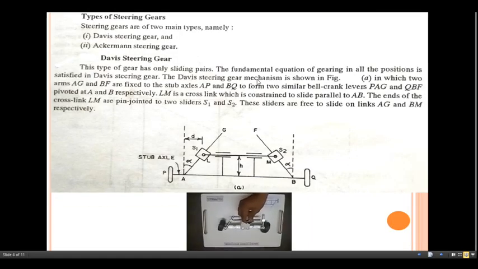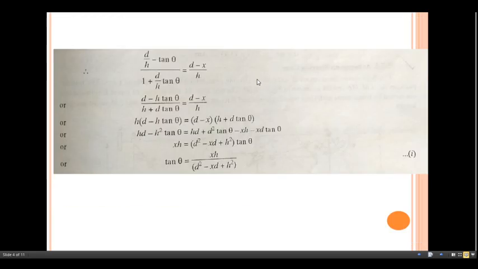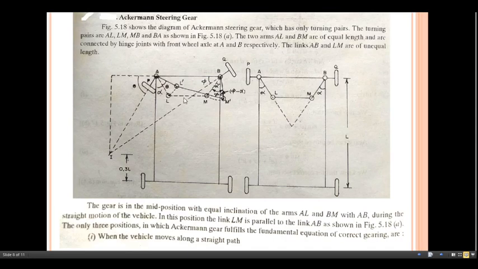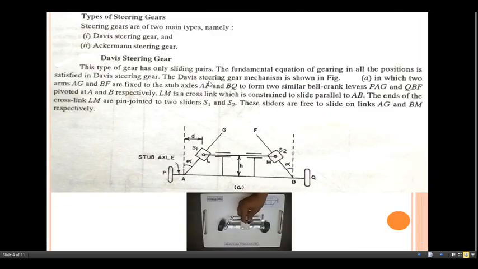Now if you compare with the Davis steering gear mechanism, in the Davis steering gear mechanism there are sliding pairs. In this mechanism turning pairs are used. Apart from this, the whole Ackermann steering gear mechanism lies at the back side of the front axle. In the Davis steering gear mechanism, the full mechanism lies on the front side of the front axle.